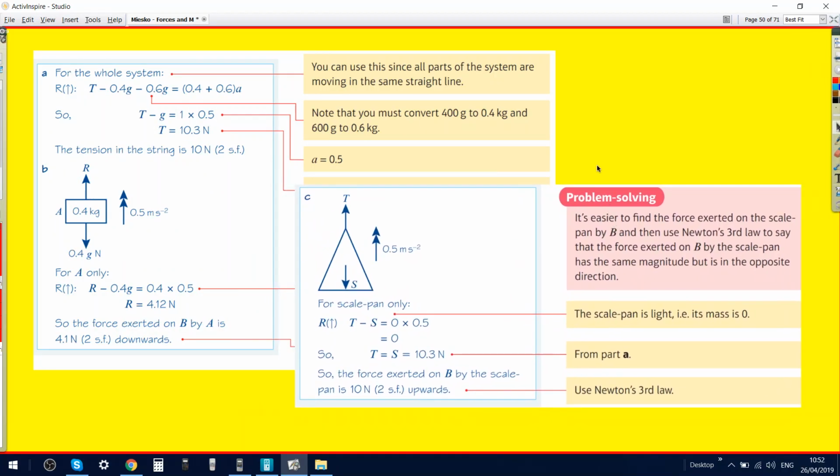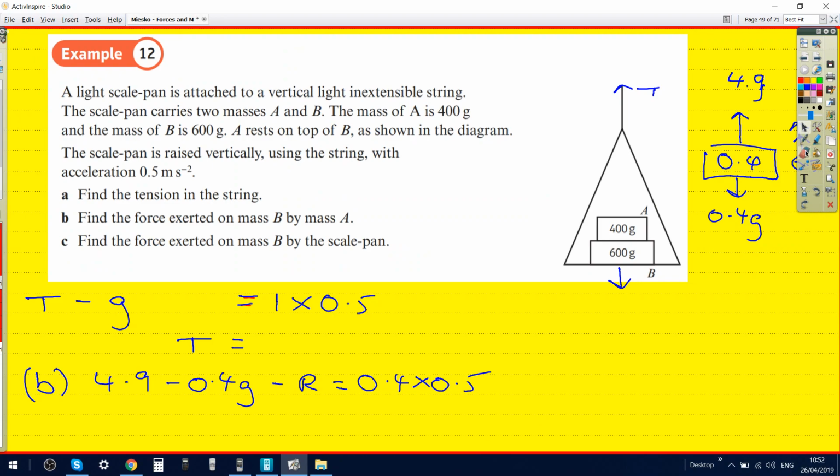This one, 4G. So they just called it R. So instead of 4.9, they just called it R. So just whatever that resultant force is minus that equals that. Okay. And then that, yes.